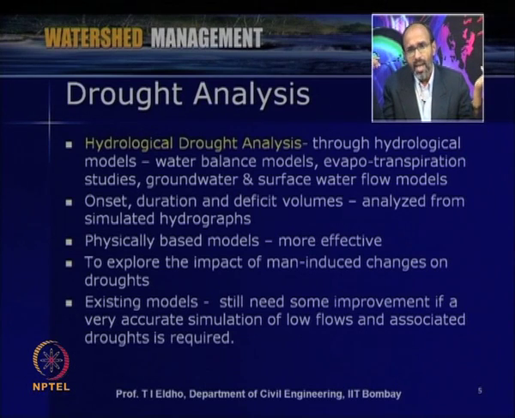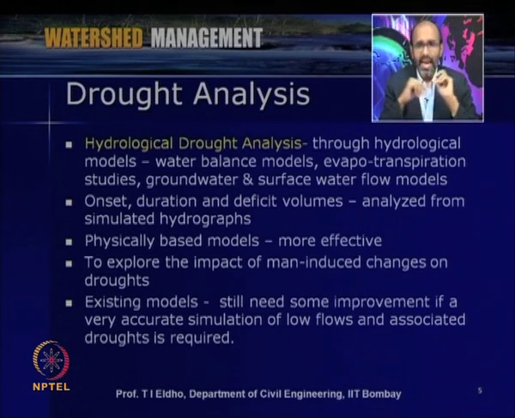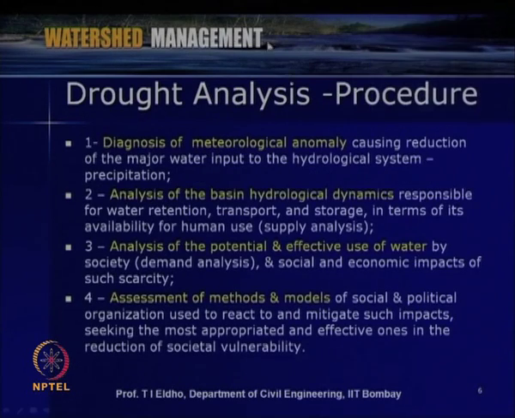But when drought is concerned, we have to deal with very low flows within the watershed, like overland flow or channel flows, and so some modifications may be required if we use the existing hydrological models for drought analysis.